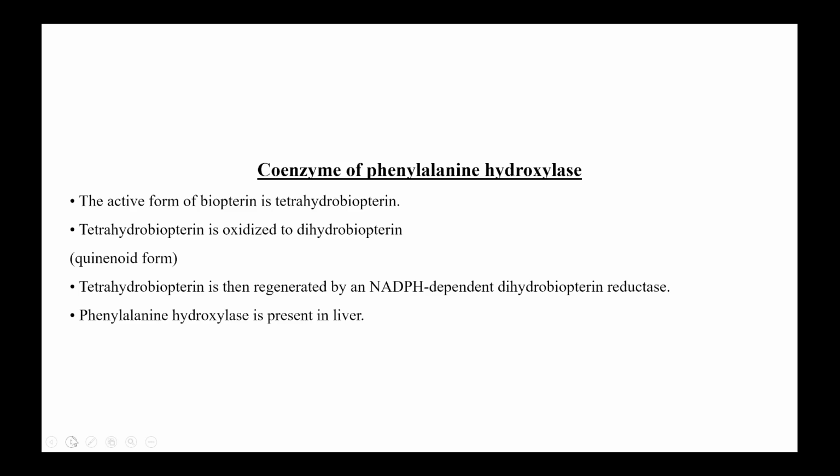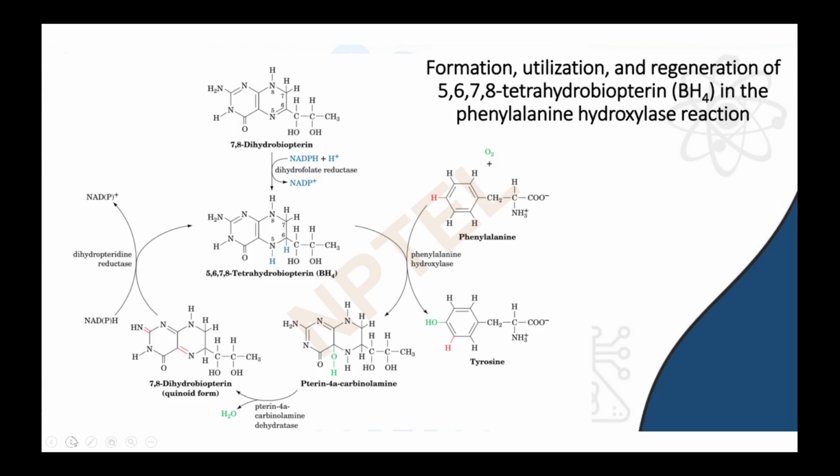One NADPH is oxidized into NADP plus, and in return dihydrobiopterin is reduced to tetrahydrobiopterin. This enzyme is present in the liver. So this is how the regeneration of tetrahydrobiopterin occurs.